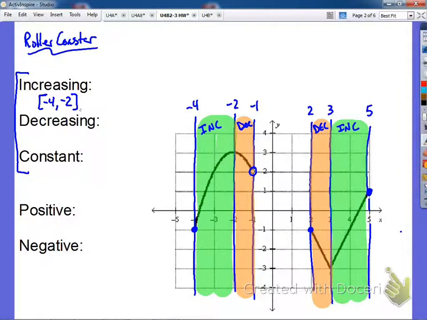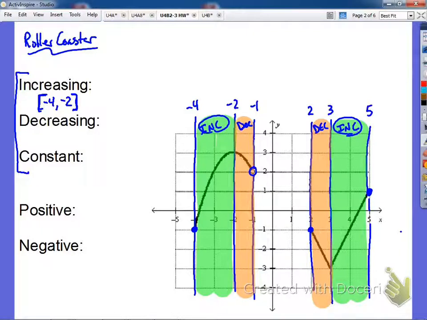Okay, so I'm just going to tell you right now, on this skill, I don't care what you use for your intervals, whether you use a bracket here or parentheses. It doesn't matter. Okay, I don't care about it. Now, what I do care about is the fact that it's increasing both here and here.